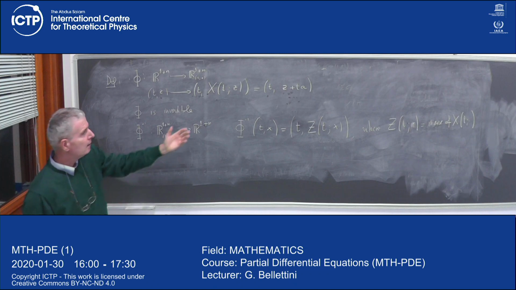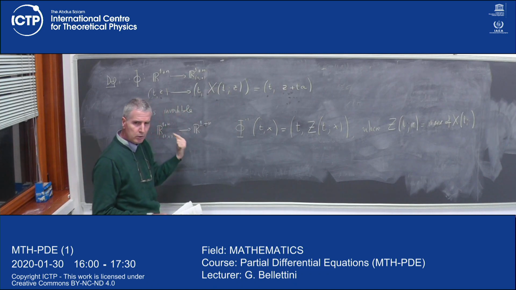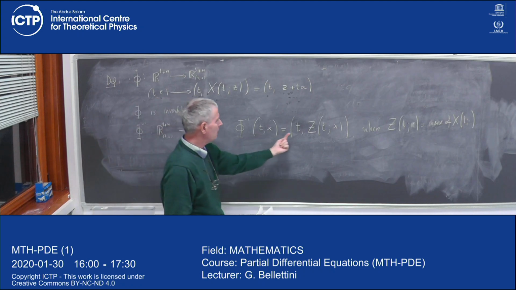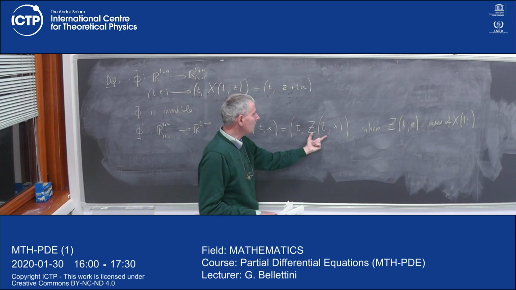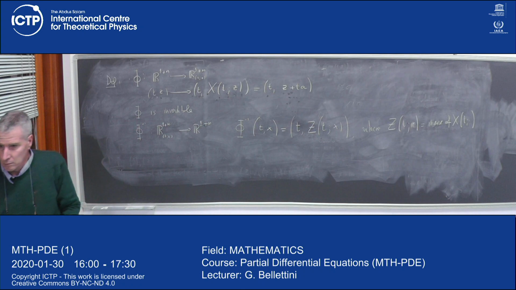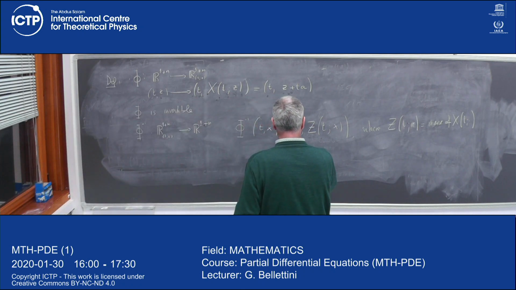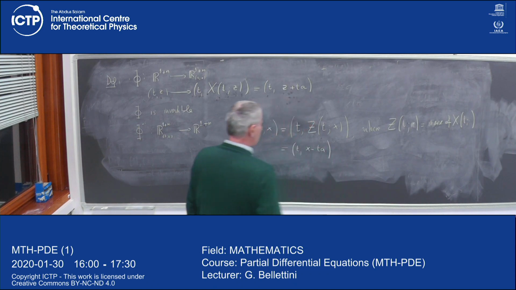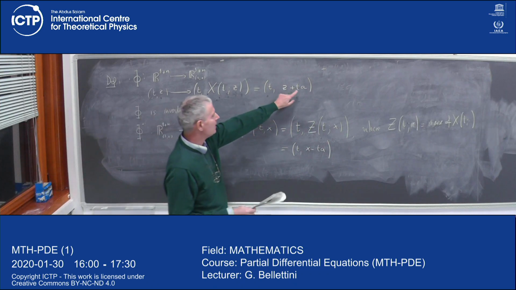But still, the inverse also has this property. It is still the identity in the first component, and the last component is just the inverse of this. In this case, it is immediate to check that the inverse of Z plus TA is this.